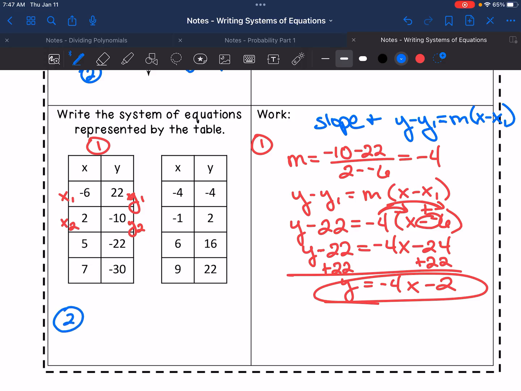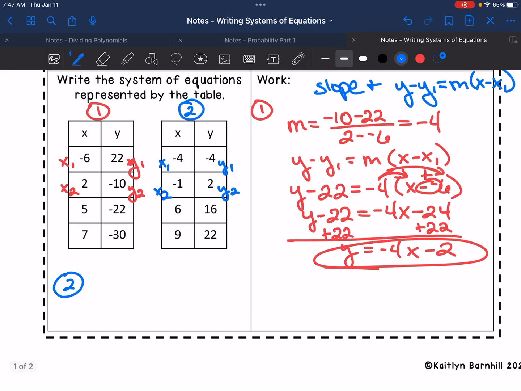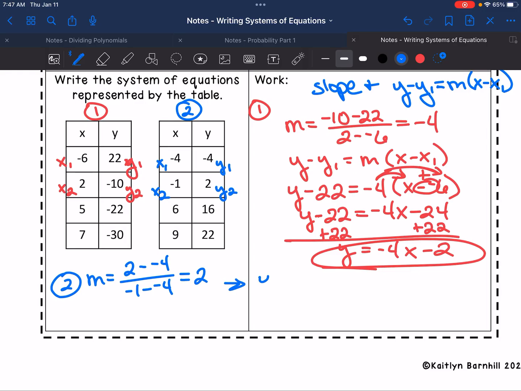So now I'm going to do the second one. I'm kind of out of room here. So here's x1, x2, y1, y2. So m equals 2 minus -4 over -1 minus -4. Typing that in my calculator, 2 minus -4 over -1 minus -4 gives me 2. So using point slope, I've got y minus y1 equals m times x minus x1.